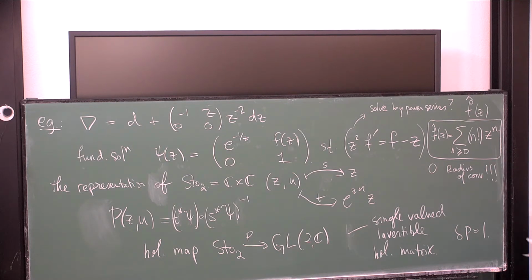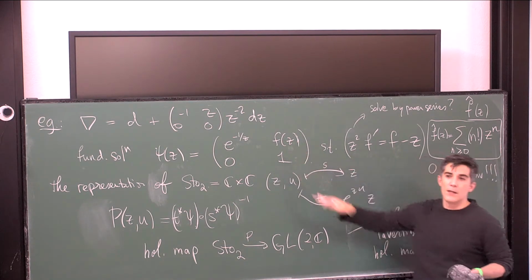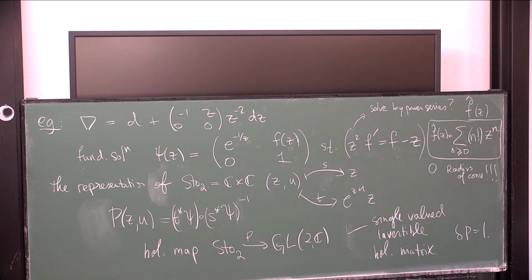And there are many sophisticated analytical techniques for trying to resum this divergent series to get an actual solution to the system. This goes by the name, for example, Borel resummation, which is a very nice thing. But think about what this is saying. This is a formal solution.